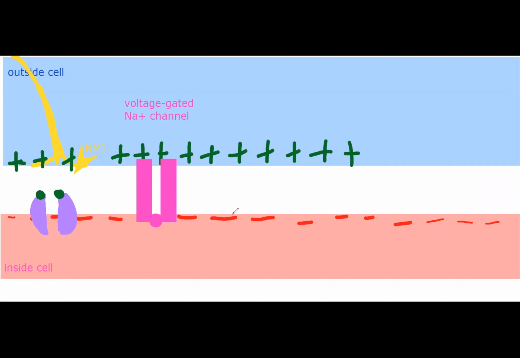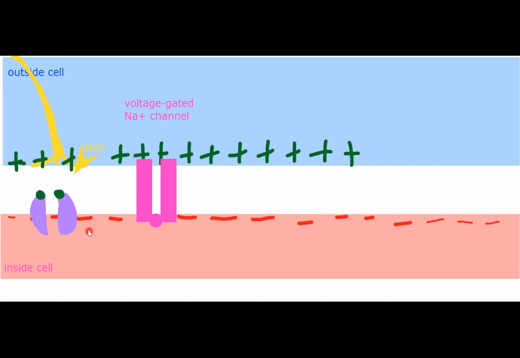So over here on the left side, this is the neuromuscular junction. And what's already happened now is the acetylcholine bound to its receptors on the sarcolemma.